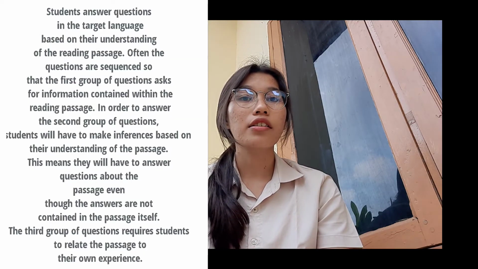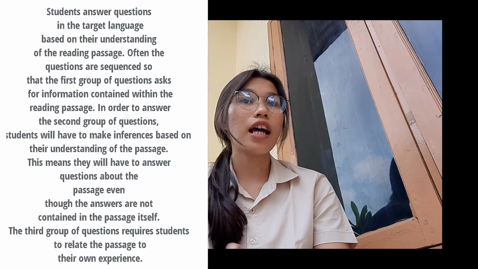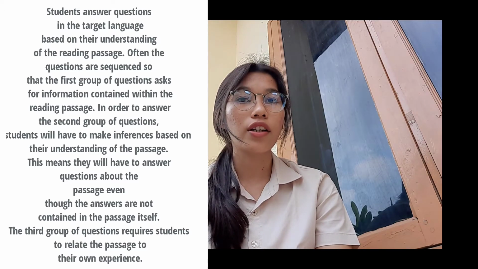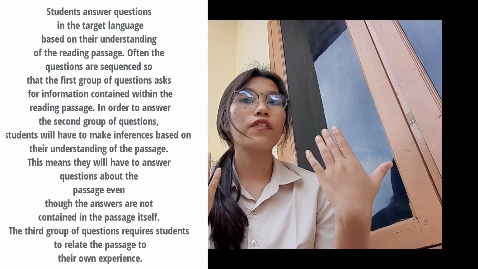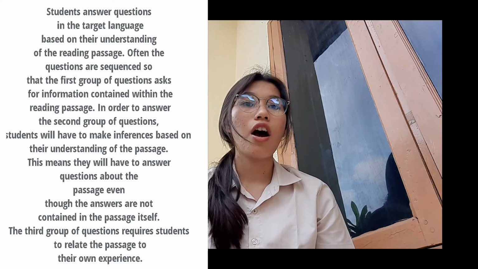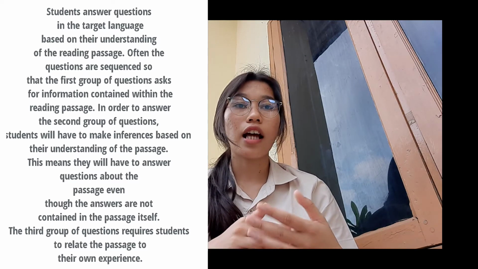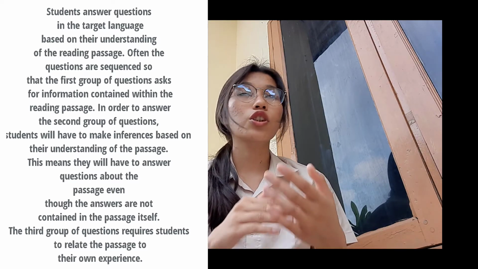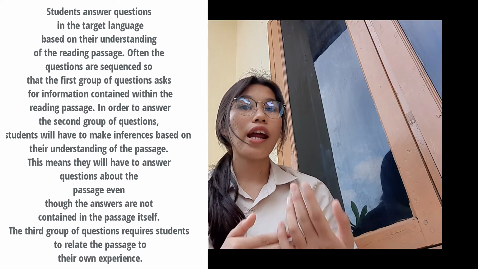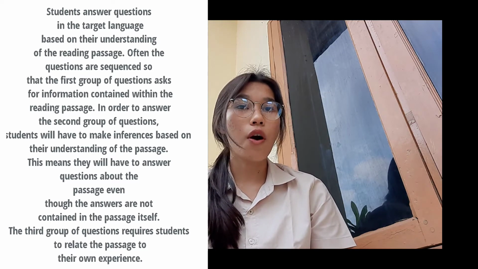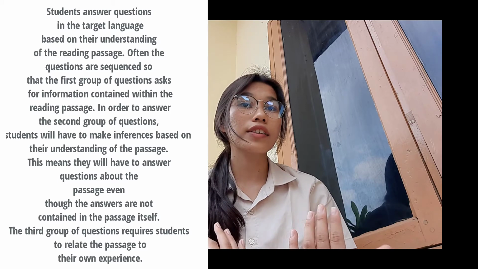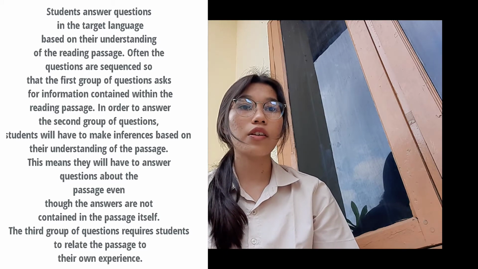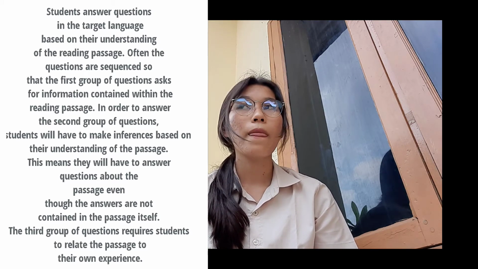Reading comprehension questions. Students answer questions in the target language based on their understanding of the reading passage. Often the questions are sequenced so that the first group of questions asks for information contained within the reading passage.